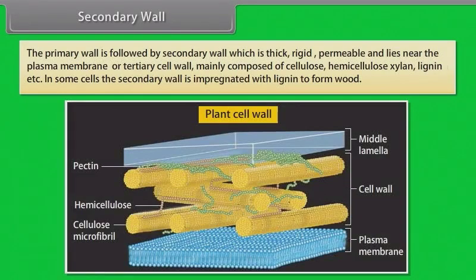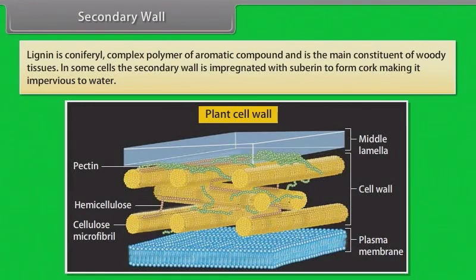Secondary wall. The primary wall is followed by secondary wall, which is thick, rigid, permeable and lies near the plasma membrane or tertiary cell wall, mainly composed of cellulose, hemicellulose, xylan, lignin, etc. In some cells, the secondary wall is impregnated with lignin to form wood.